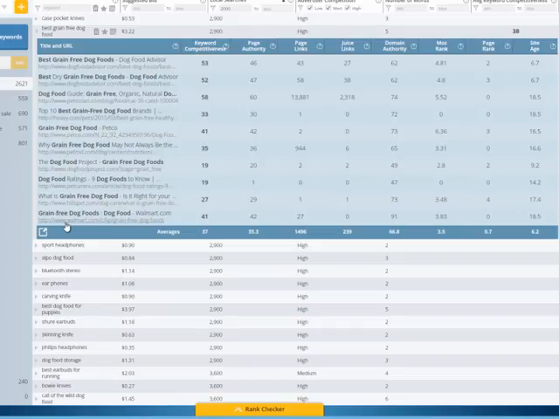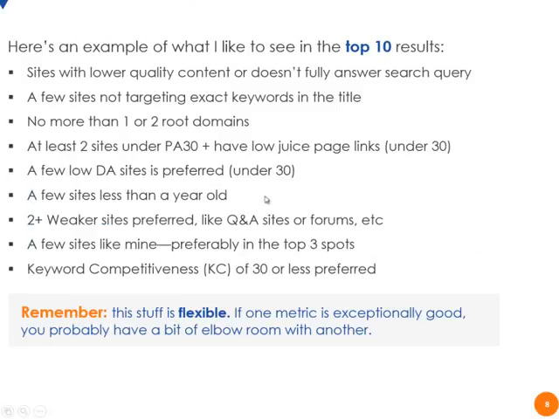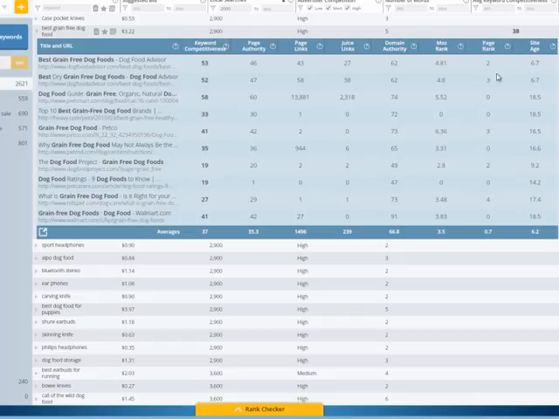Yeah, I'm just not seeing it when I quickly look at these overall results. I was actually hoping that this was a good keyword, but it just is not. There's no sites like mine. The KC is a 38. So I would not target best grain-free dog food as a primary keyword.